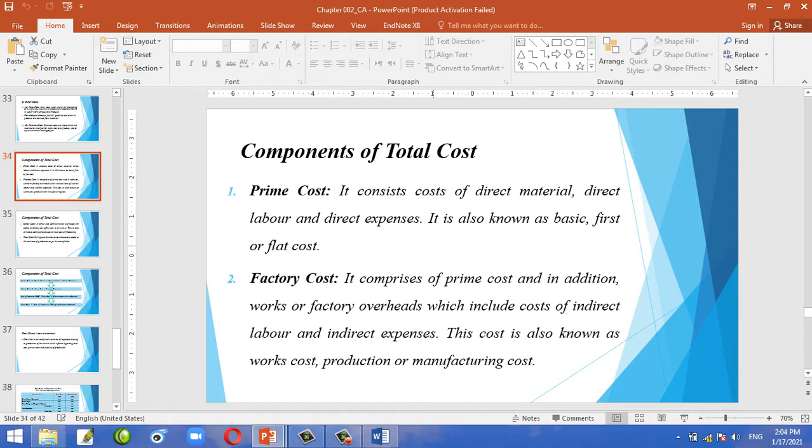When we are talking about the factory cost, which is the second one, in that category we have prime cost plus indirect material, indirect labor, and indirect expenses. That one is called works cost, or generally we can say factory overhead plus prime cost is called works cost.